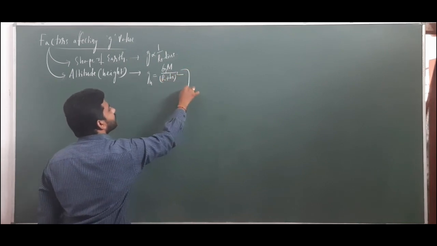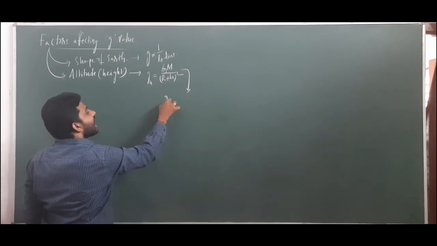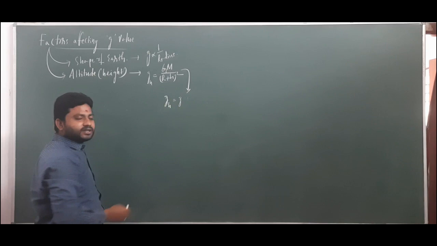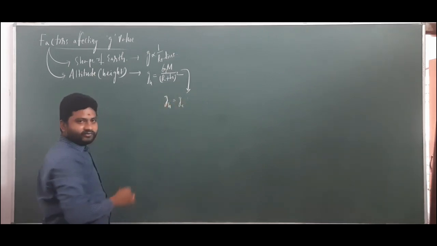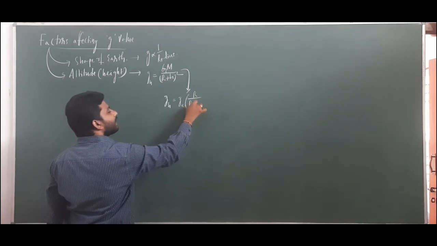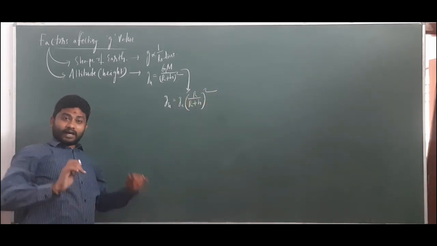The same equation we modified as g at height h is equal to g on the surface of the earth into R by (R plus h) whole square, where R is the radius of the earth.